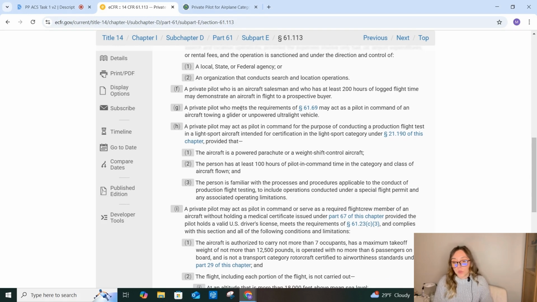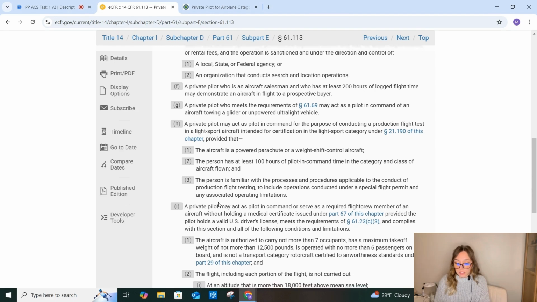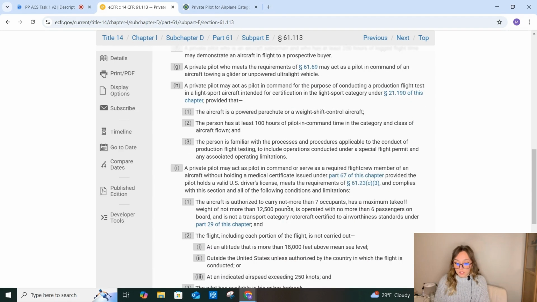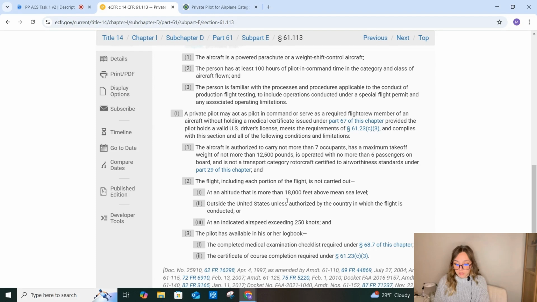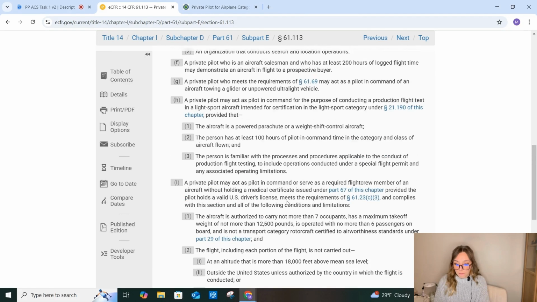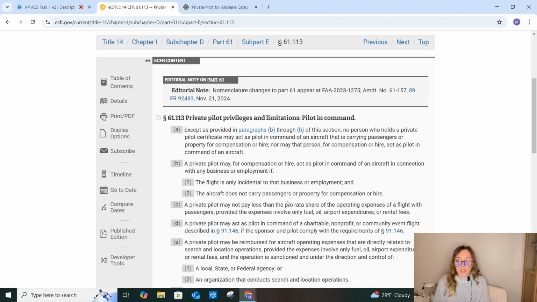A private pilot who meets the requirements of 61.69 may act as pilot in command of an aircraft towing a glider or powered ultralight vehicle. Flight test. There are more details here. I'm not going to go into all of them. You can go into all of them if you want.